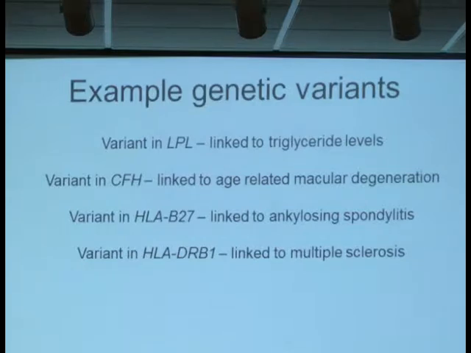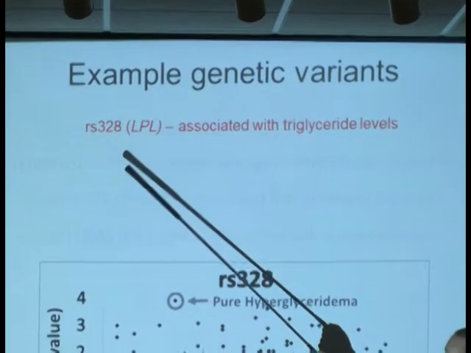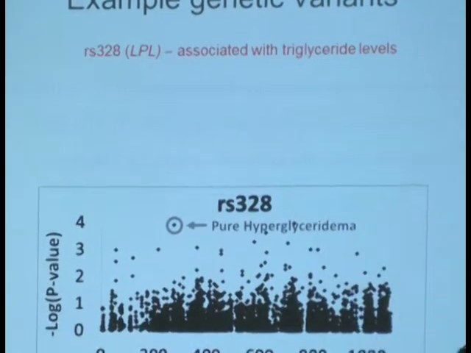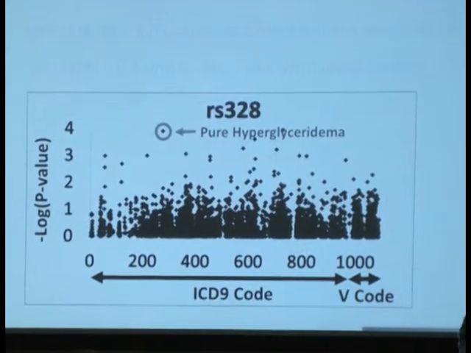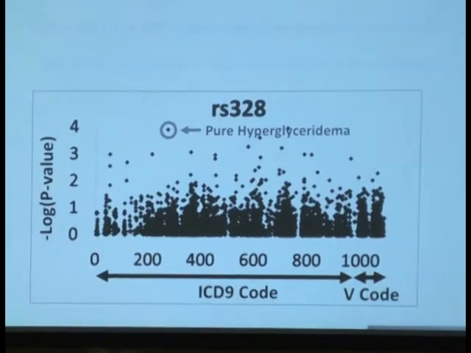So the first genetic variant is, again, here's that RS number. Again, not important what it is, but this genetic variant is in a gene called lipoprotein lipase. And in the literature, it's well known that this genetic variant is associated with lipid levels as well as triglyceride levels.